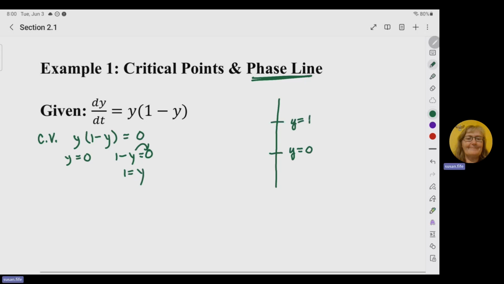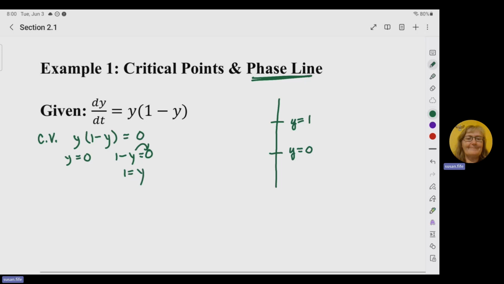First of all, notice that the number line does not have arrows on it. We will put arrows to show direction of the slope. And those bars represent the location of the critical values, y equals 0 and y equals 1.